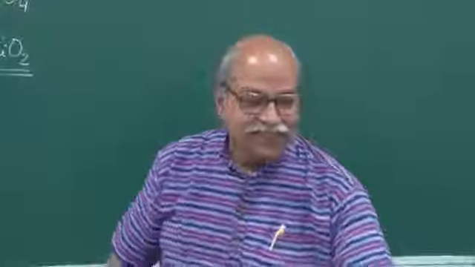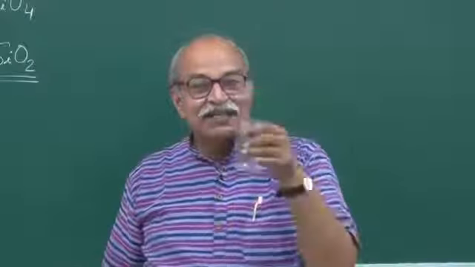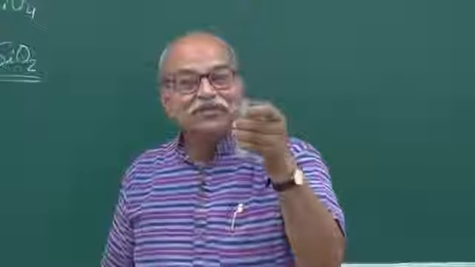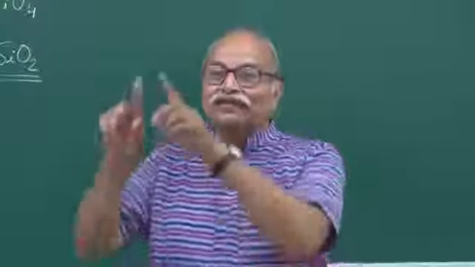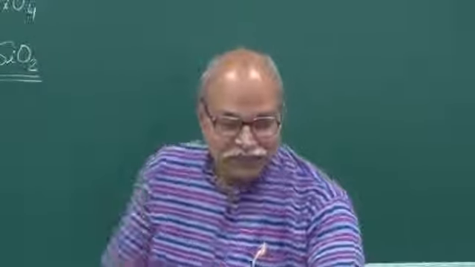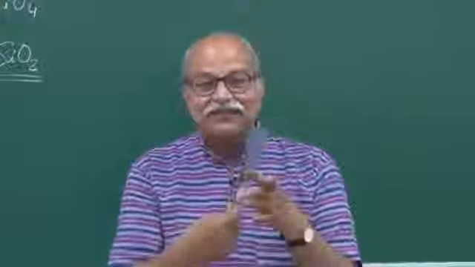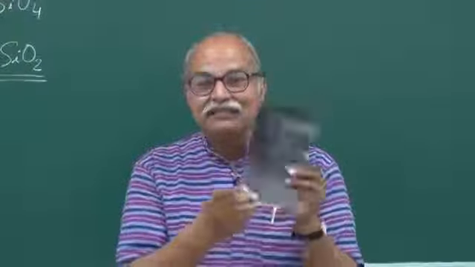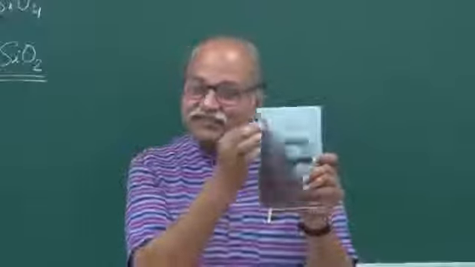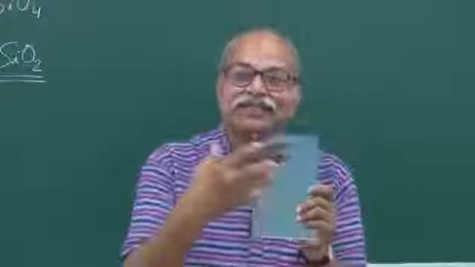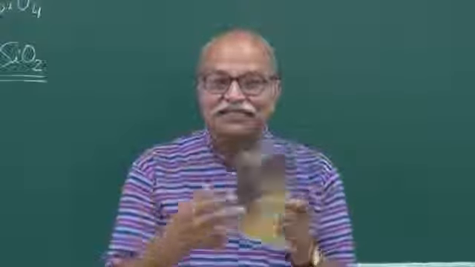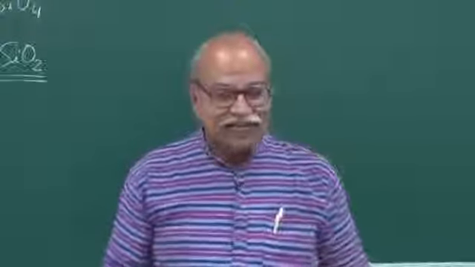When I take this glass tumbler and drink water, actually I am holding mostly silicon dioxide. The window pane glasses or the looking mirrors, we have this polish here, but the glass is generally silicon dioxide with some things added to make various qualities and properties of the glass.